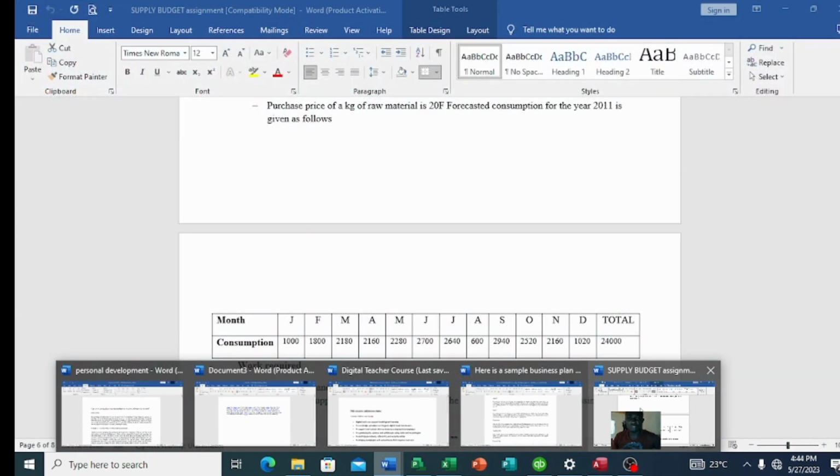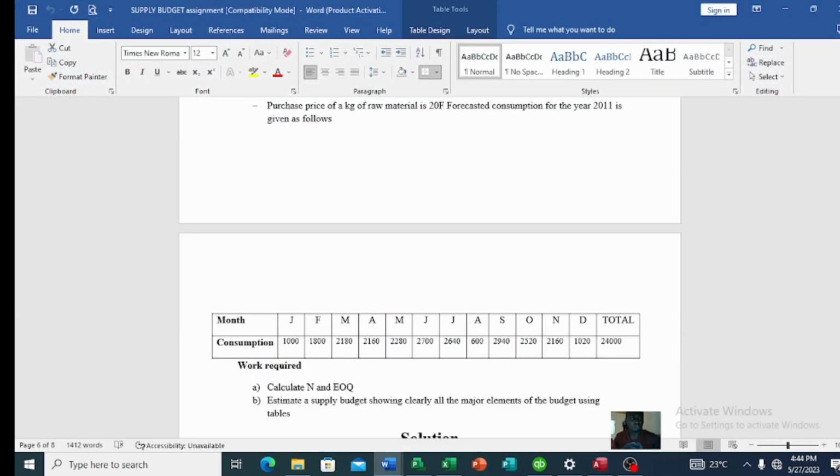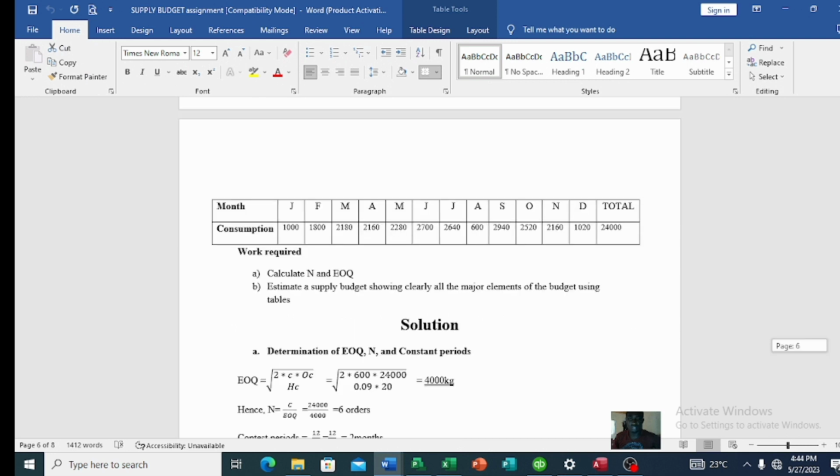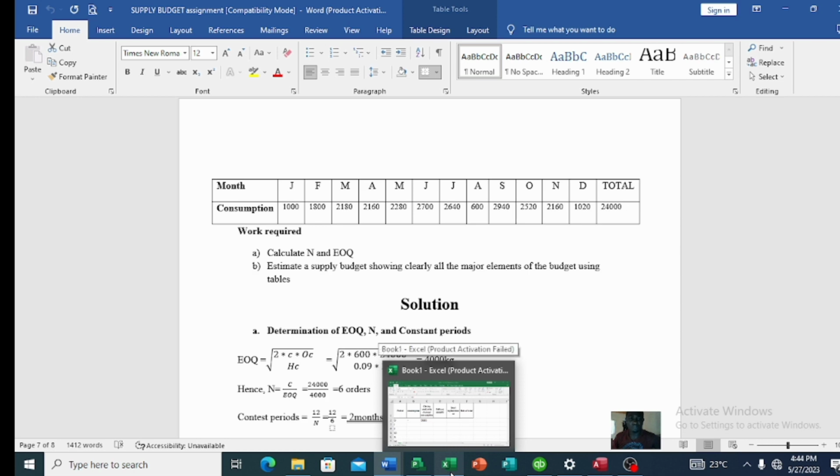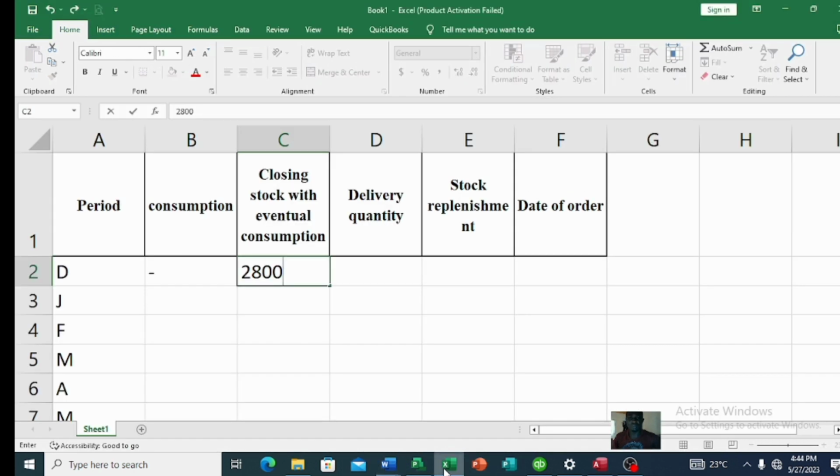I'm just moving on the assumption that we have calculated it. I even have the solution here. Our EOQ, using our normal formula, is 4,000 kilograms. Here we are supplying by constant period, meaning every 2 months. So our EOQ is 4,000 kilograms.